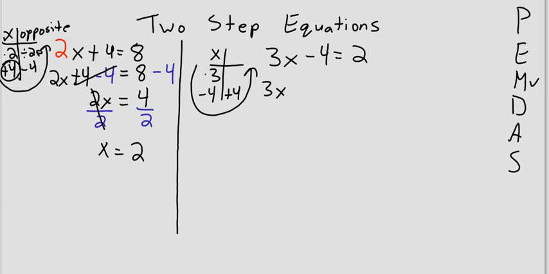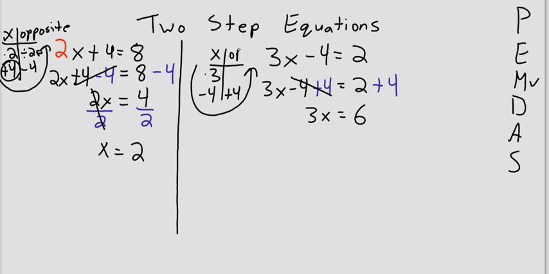So we get 3x minus 4 plus 4 is equal to 2 plus 4. And we go through, negative 4 and positive 4 give us 0, so we're left with 3x on the left-hand side. 2 plus 4 gives us 6. Now we come over to our chart.